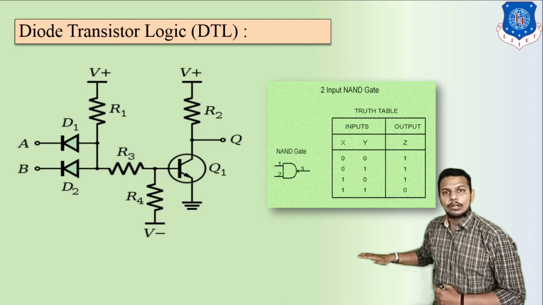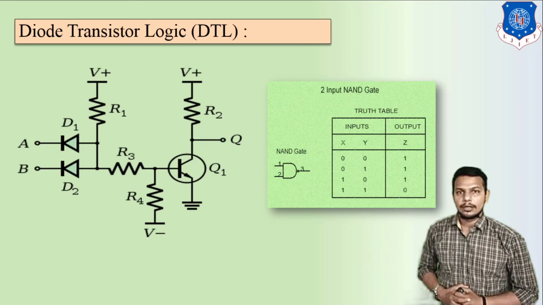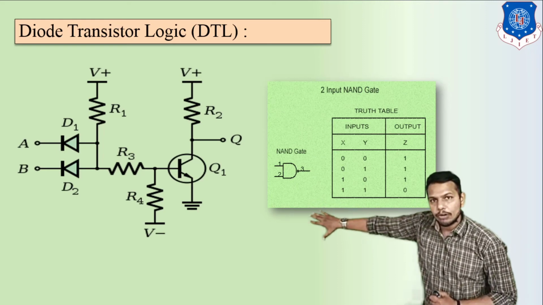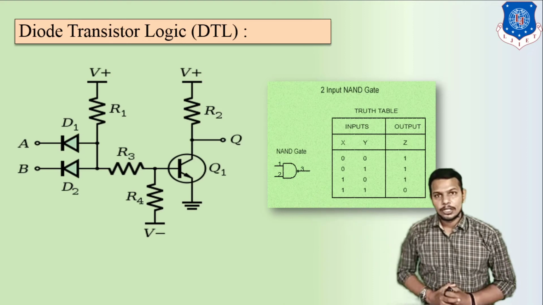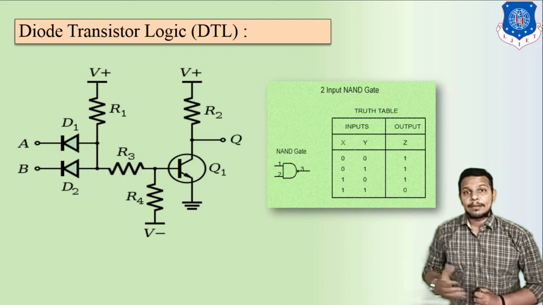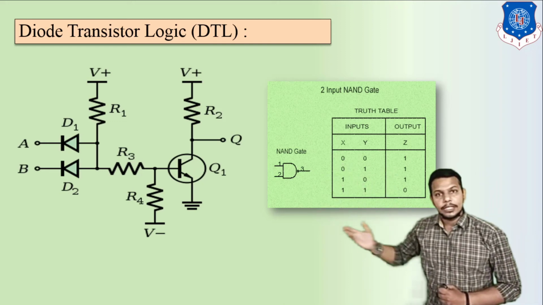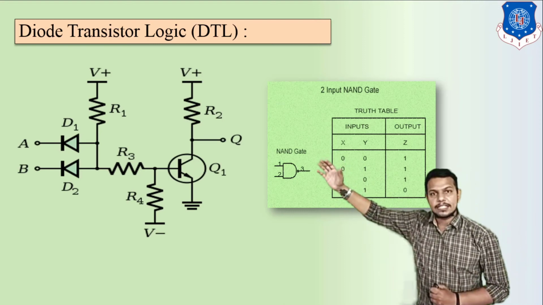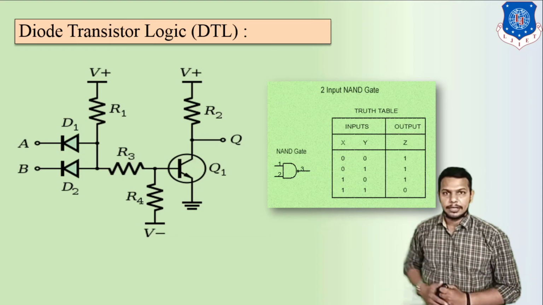Now let us discuss the last possibility, or case number 2. If A is equal to 1 and B is equal to 1, both values are 1. At this time your diodes will be open circuited, so they are removed from the circuit. That means the full current flows to the base terminal. So plus VCC applies current to the base terminal.